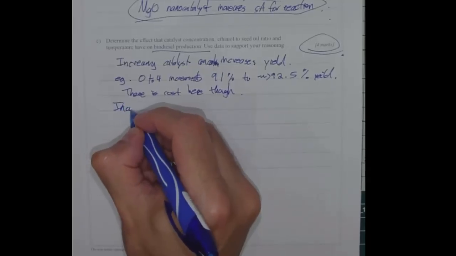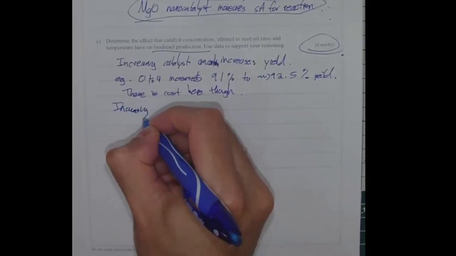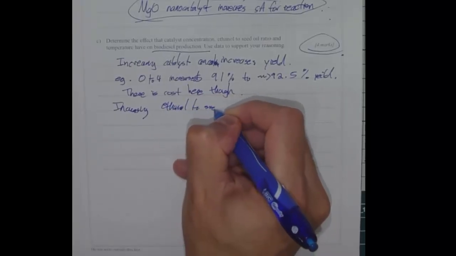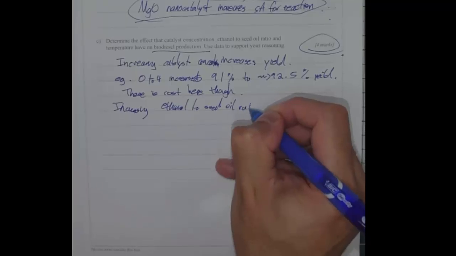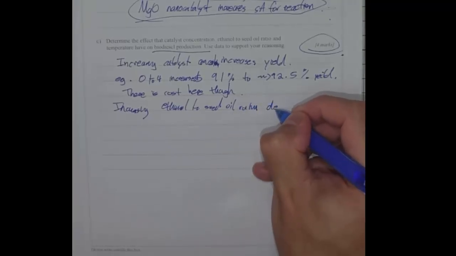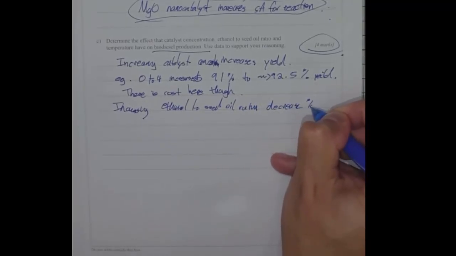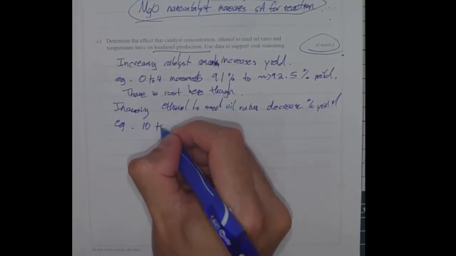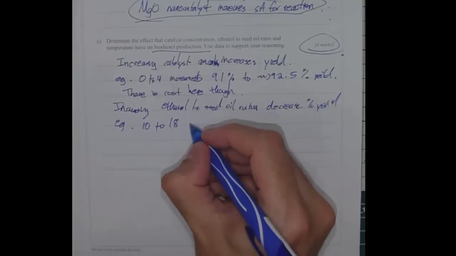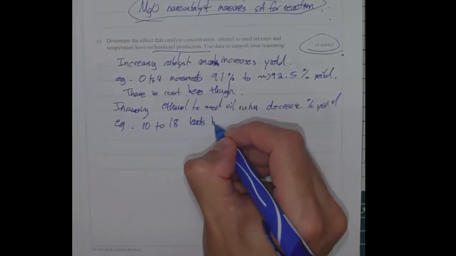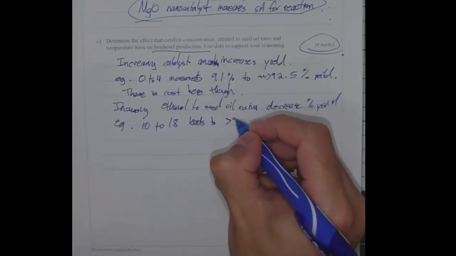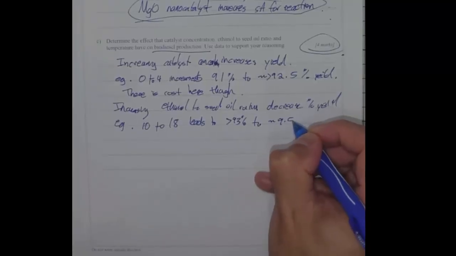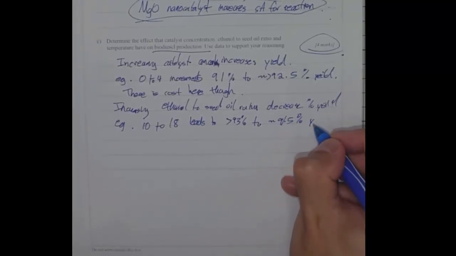Next one, increasing ethanol to seed oil ratio decreases percent yield. Example: 10 to 18 leads to greater than 93% to around 91.5% yield.